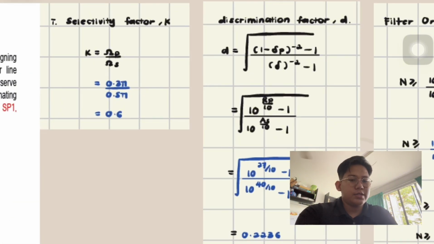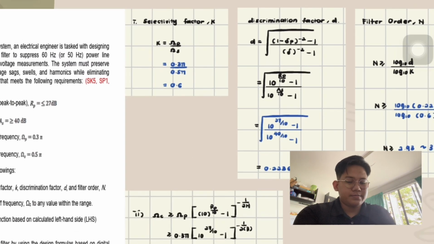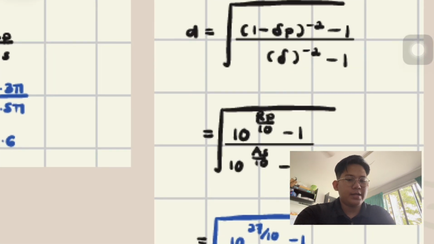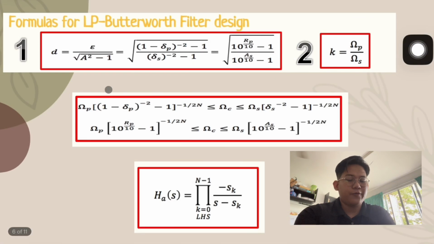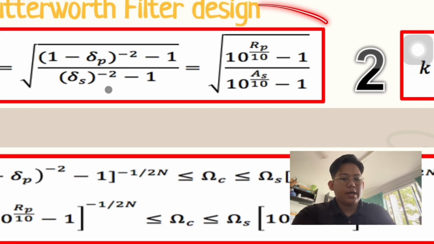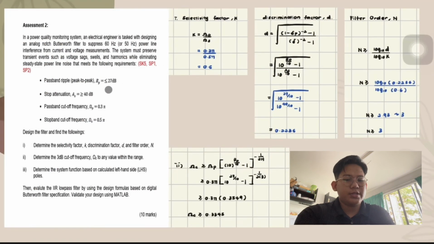The next one is the discrimination factor D. Since we don't have the values of delta P and delta S, we're going to use the next formula, which is the square root of (10 to the power Rp over 10 minus 1) over (10 to the power As over 10 minus 1).